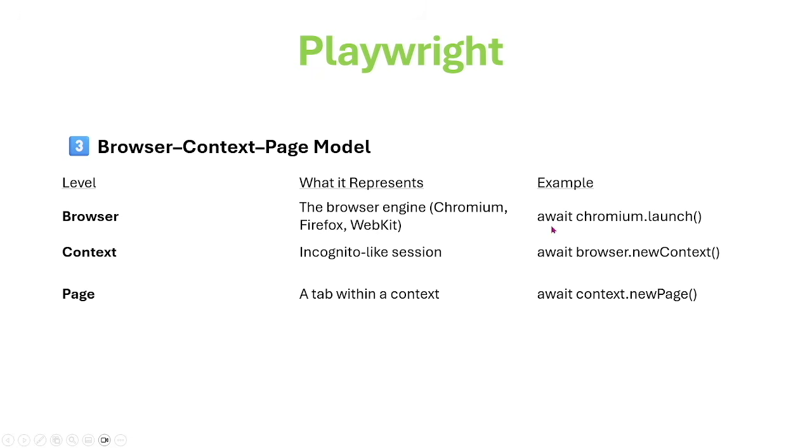For example, await chromium.launch. Context is like a session: await browser.newContext. Page is a tab within the context: await context.newPage.